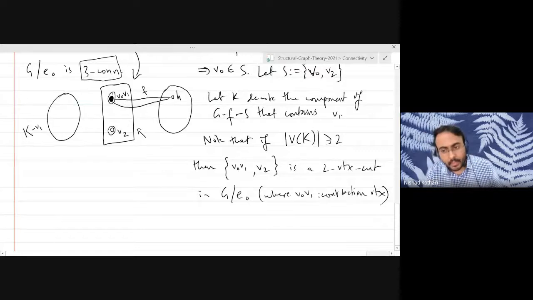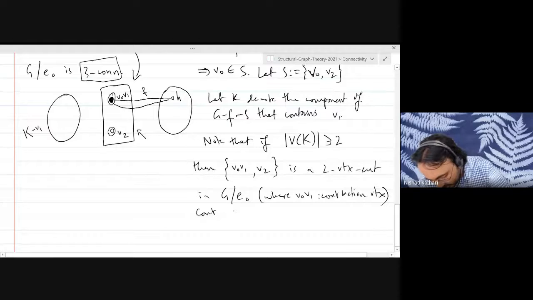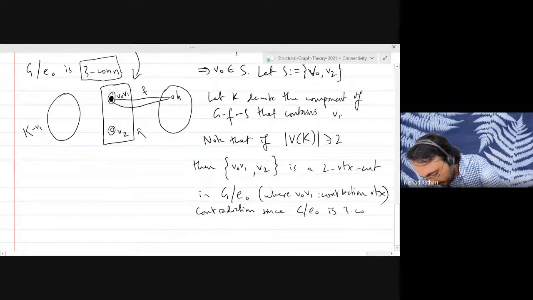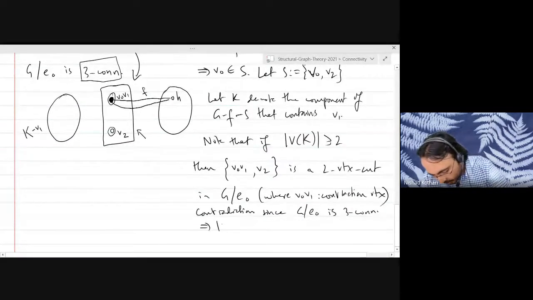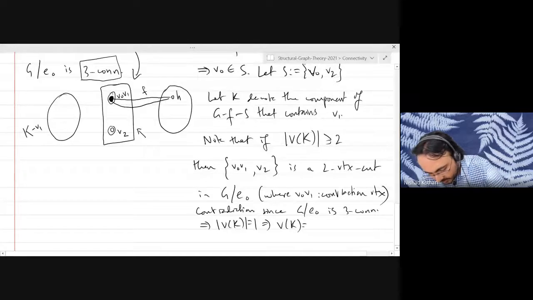Okay? And this is a contradiction since G contract E0 is a 3 connected graph. Okay? So what we conclude is that the number of vertices in the component K has to be exactly 1, which means the only vertex in the component K is the vertex V1.